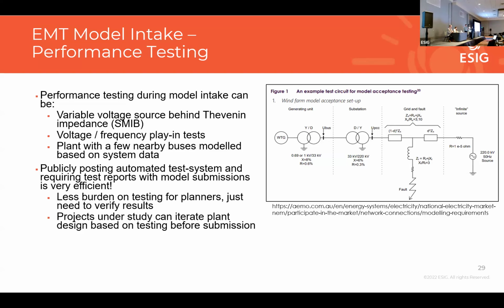There are other test systems that have been proposed, for example in the ISO New England region. They require a small portion of the system to be included with the model as part of the model acceptance testing. So maybe 2 or 3 buses from the point of interconnection, and that enables you to apply a fault and a line outage to see the recovery dynamic.